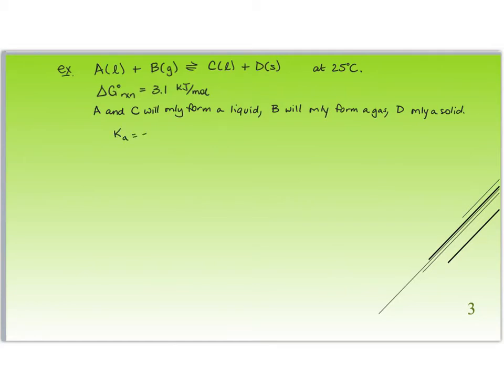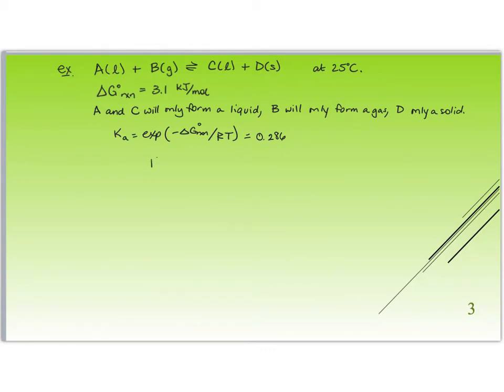Ka is the exponential of negative delta G reaction over RT, remembering that I need to make sure that these units all cancel and that my temperature is 25 degrees C or 298 Kelvin. And in this case, Ka at 25 degrees C is 0.286.